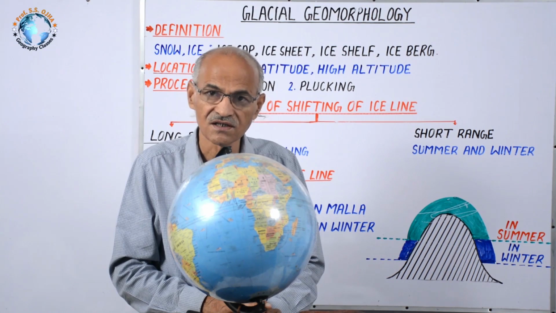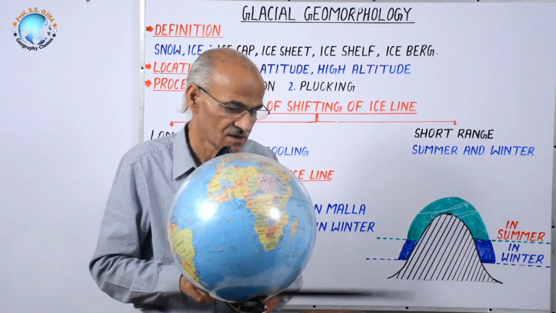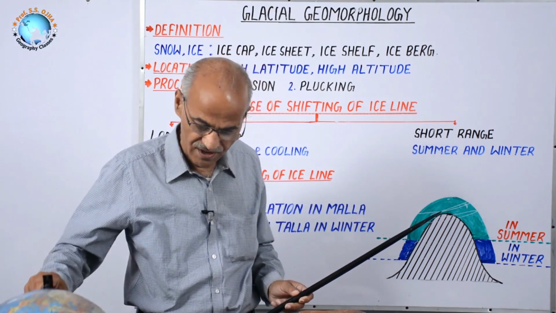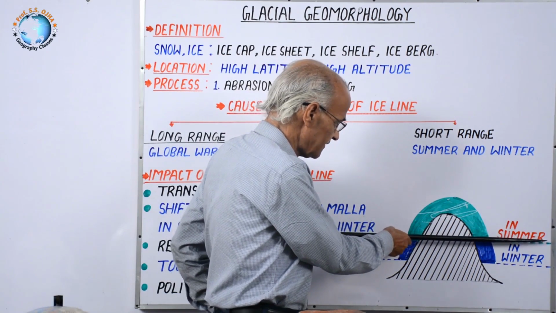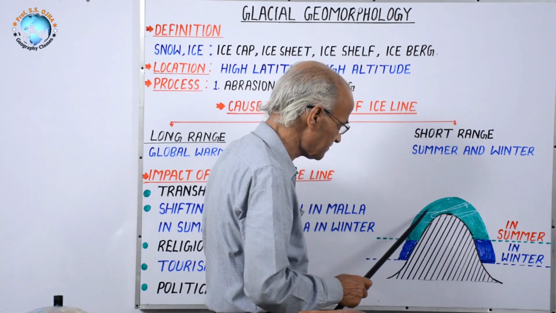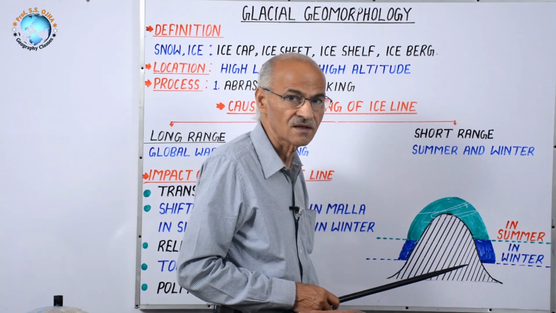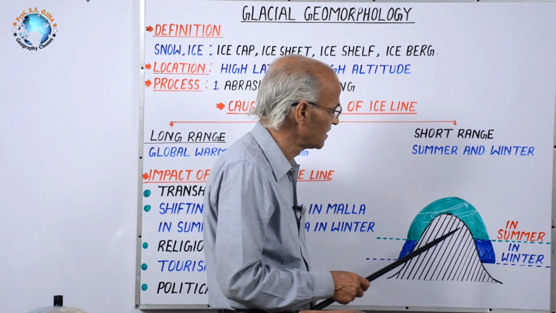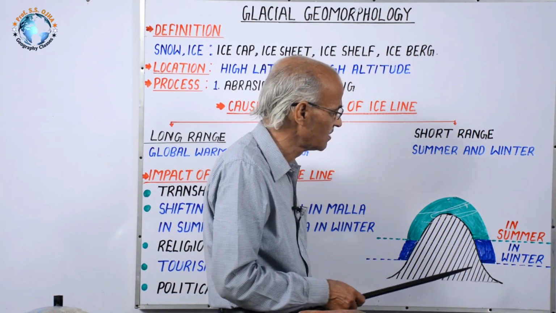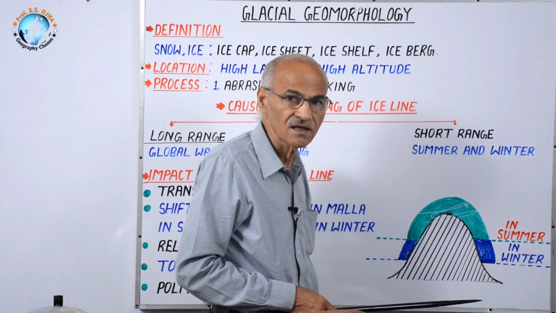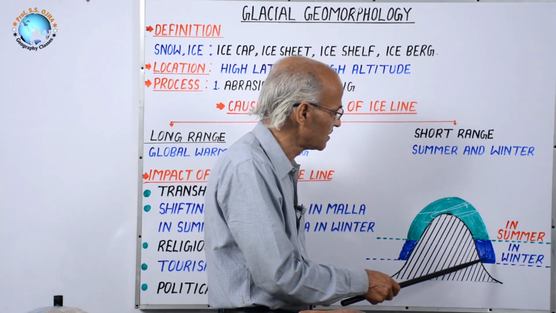The same is the case over the mountains. Ice line shifts. Suppose this is a mountain and here this is the ice line, and this ice line is general or common, but during glaciation of Pleistocene period, the records are there that ice line had come down and the glacial, erosional and depositional landforms are found downward.